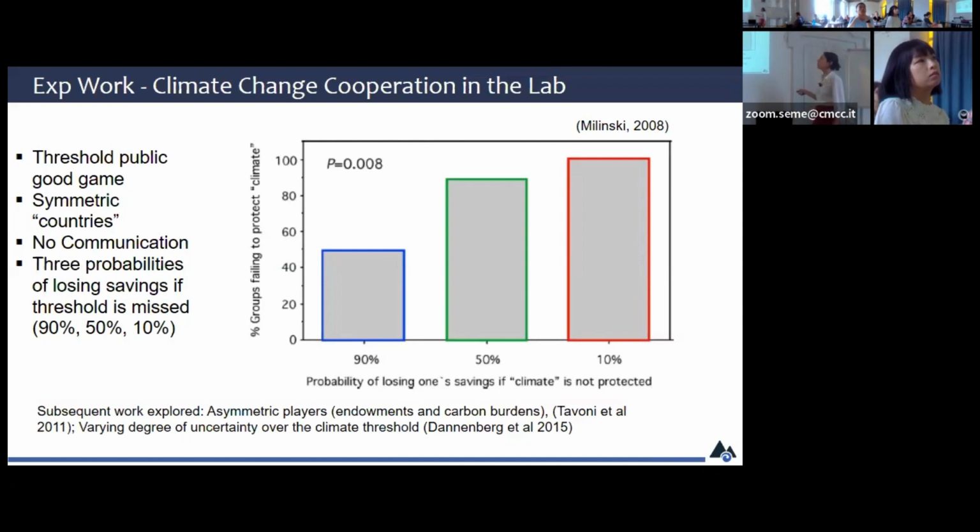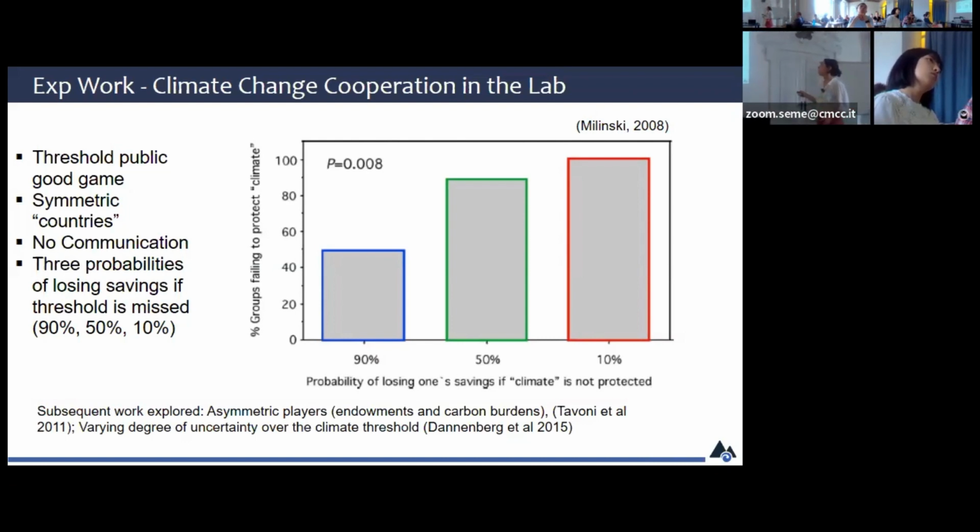So if I'm almost sure, with 90% probability, that I'm going to lose all my money, what happens is that 50% of groups fail, and the other part succeed in protecting the environment. People participating in their group give up their endowment to reach the threshold so that they don't lose everything.